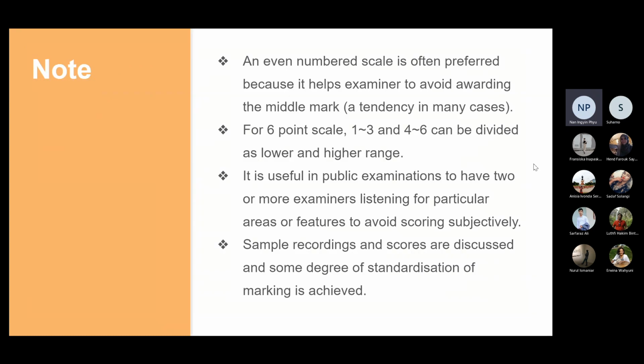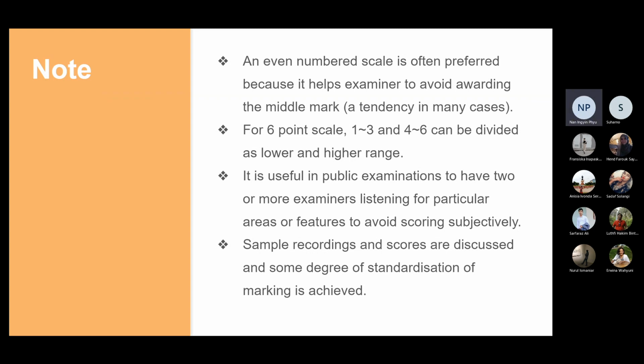In the previous example, we saw that the scoring is 1 to 5, but normally when we give the score, we only feel that 1 to 5 is a little bit familiar from our point of view. But here is the note we have to write down. From the interviewer's point of view, an even number scale is preferred.